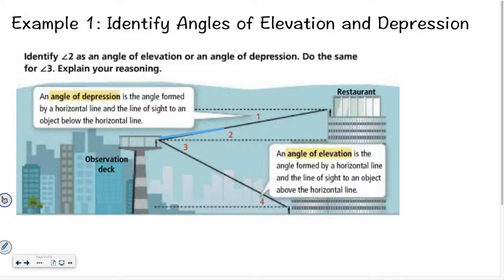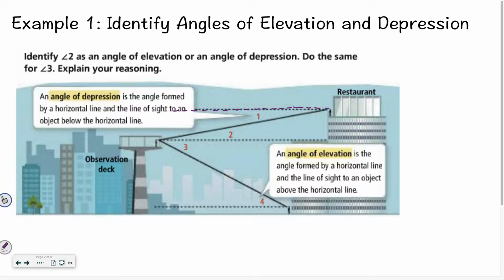Your line of sight is always going to be represented by a solid line. And the horizontal line is kind of an invisible line going straight out from your eyes that's parallel to whatever you're standing on.